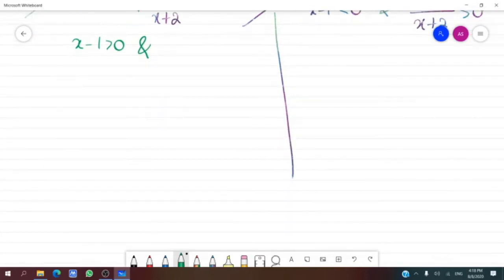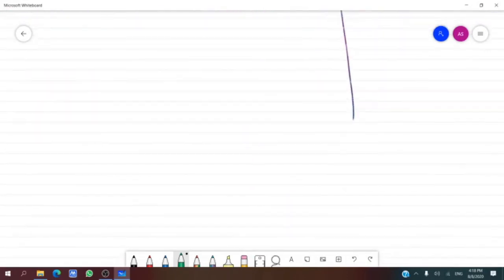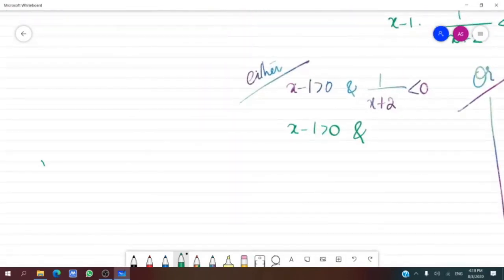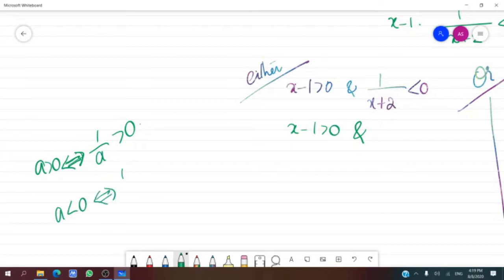Because we prove ചെയ്ത കാര്യമാണ് A positive ആണെങ്കിൽ 1 by A positive ആയിരിക്കും. That we have proved. Reciprocal exists and the reciprocal is positive. അപ്പോൾ അങ്ങനെയാണെങ്കിൽ 1 by A positive ആണെങ്കിൽ തിരിച്ച് A positive ആയിരിക്കും. So you can write this is if and only if A is positive, if and only if 1 by A is positive. Equivalently A is negative if and only if 1 by A is negative.